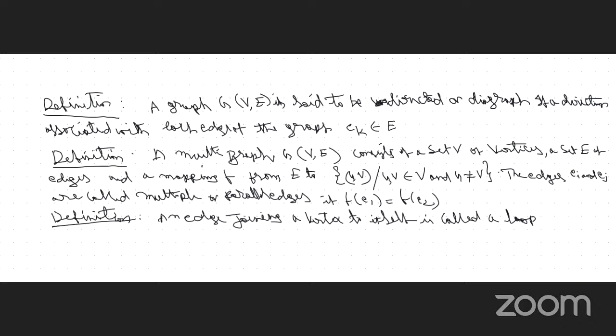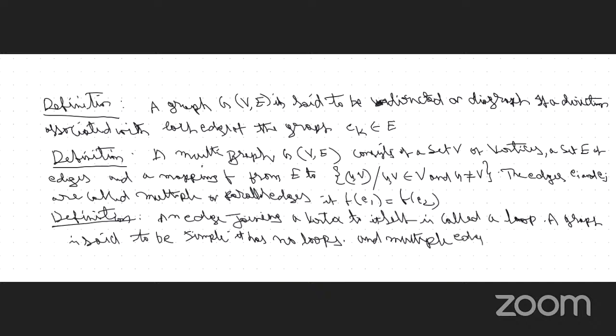A graph is said to be simple if it has no loops and no multiple edges.